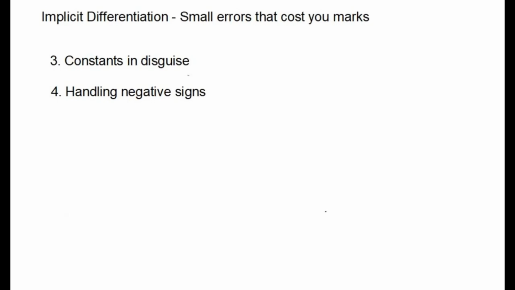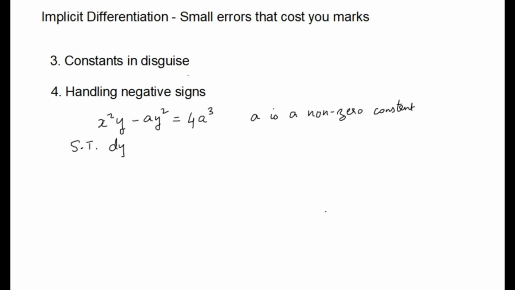So to demonstrate these two errors, I'm using the example x squared y minus a y squared is equal to 4a cubed, where a is a non-zero constant, and we are asked to show that dy by dx is equal to 2xy over 2ay minus x squared.